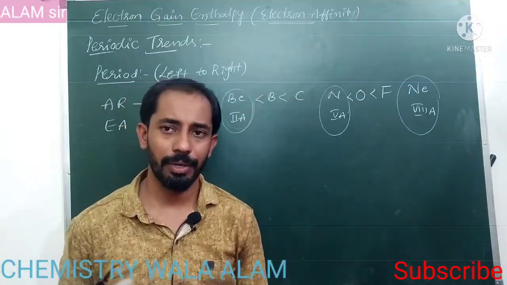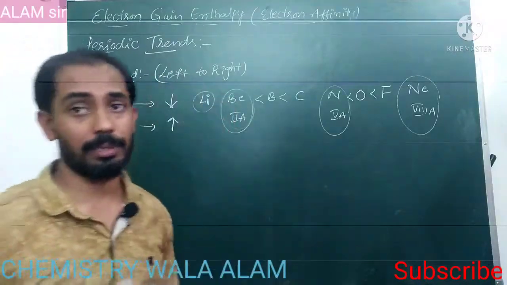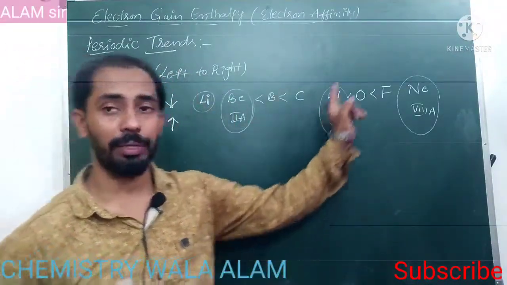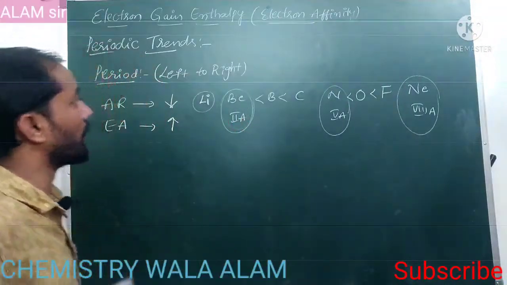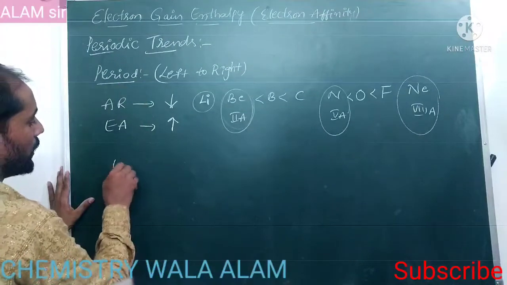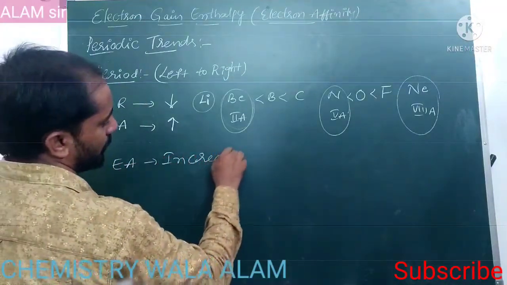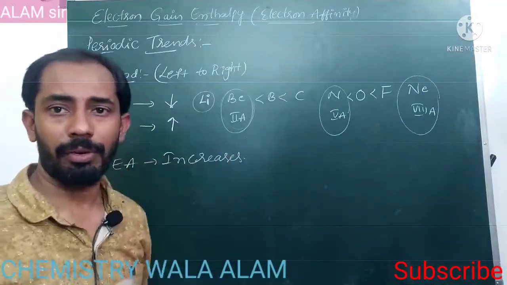Generally we say that, but some exceptions should be remembered. 2A, 5A and 8A group elements are exception cases. So generally, in a period, electron affinity increases from left to right.